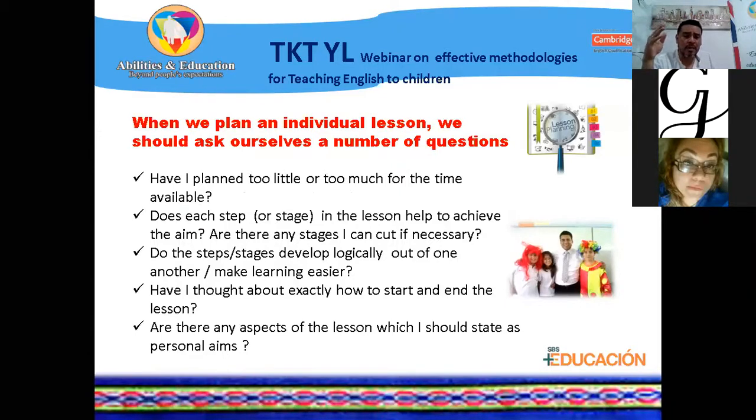Do the steps or stages develop logically out of one another or make learning easier? Have I thought about exactly how to start and end the lesson? Are there any aspects of the lesson which I should state as personal aims?